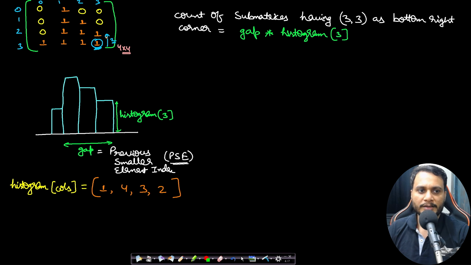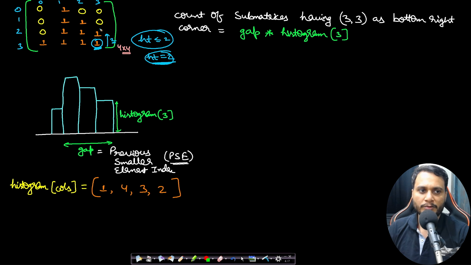So I already know that the height will always be less than or equal to 2 if I want to end a valid submatrix at this index 3, 3. Let's consider height equal to 2. Now height equal to 1 can also be possible, and this is also a valid submatrix, isn't it? But let's consider how to count for height equal to 2.